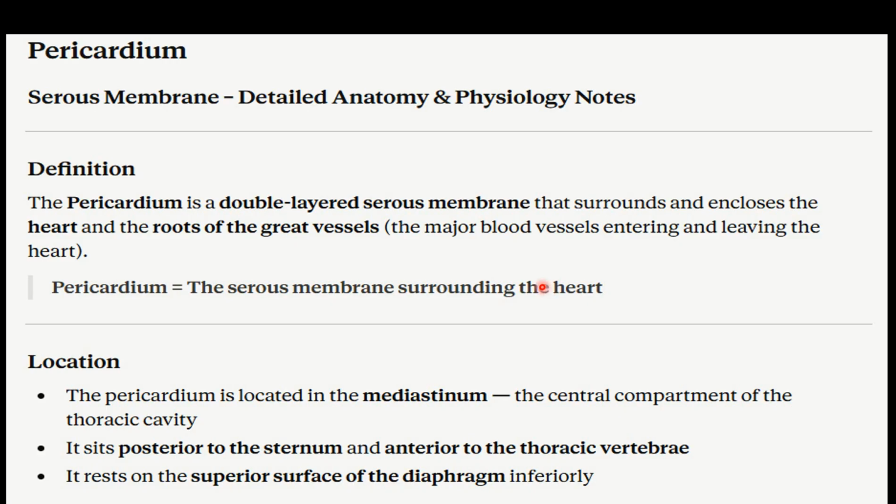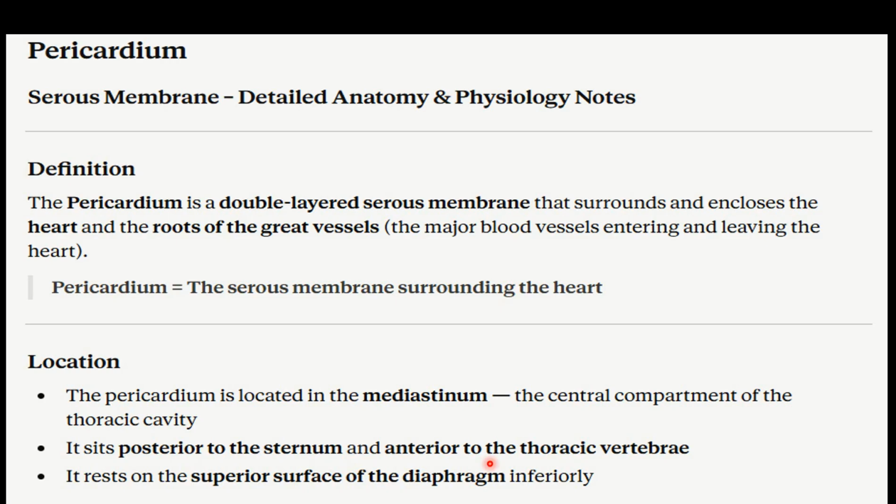Let's see the location of this and how it performs. The pericardium is located at the median sternum, the central compartment of the thoracic cavity. It sits posterior to the sternum and anterior to the thoracic vertebrae. Here we are using the terms posterior and anterior.